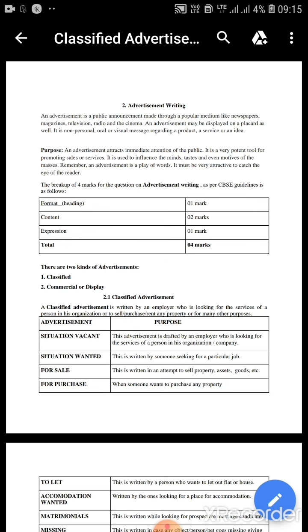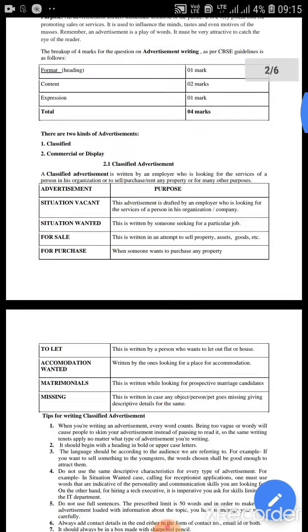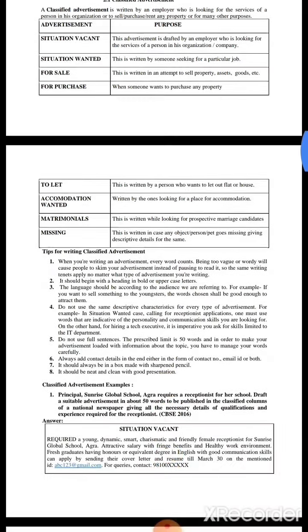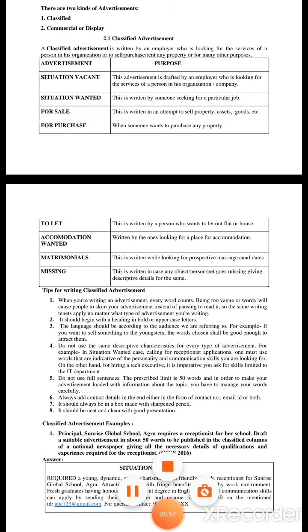We will discuss the purposes and kinds of classified advertisement. A classified advertisement, as we have already discussed, is written by an employer who is looking for the services of a person in his organization, or to sell, purchase, or rent any property, or for many other purposes.